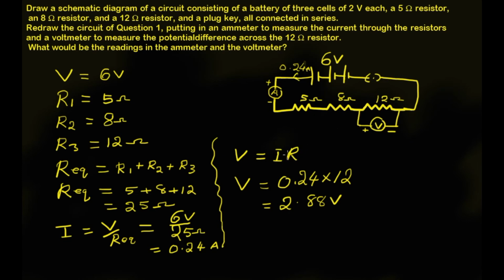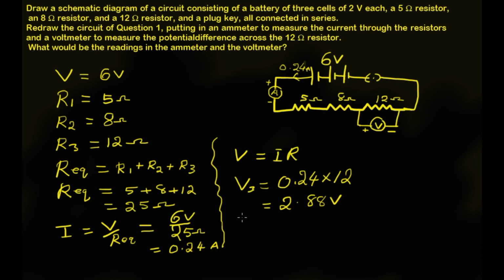But here we can find out the voltmeter reading if it is connected across the 5 ohm resistor, 8 ohm resistor, etc. So I'll take this third resistor 12 ohm and its voltage drop across it as V3.